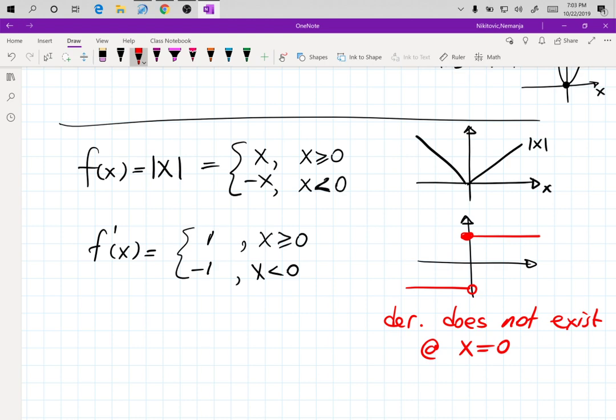And you are going to learn as a rule in mathematics, anytime you have a spike or a cusp, or you have a function that goes vertical for some time, there is no derivative there. Derivative does not exist at that value.